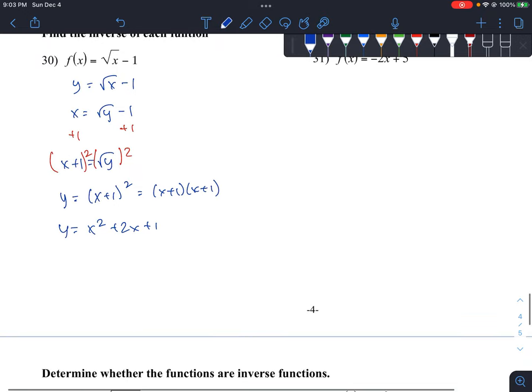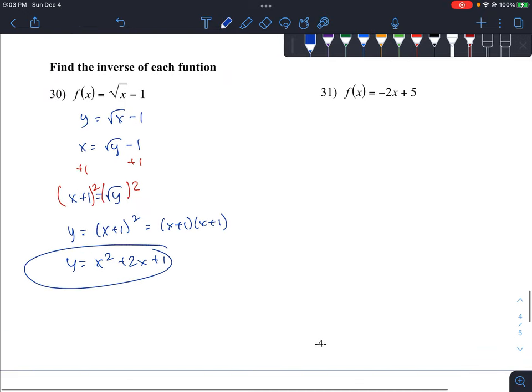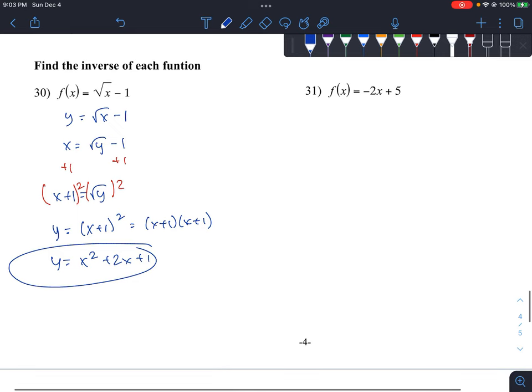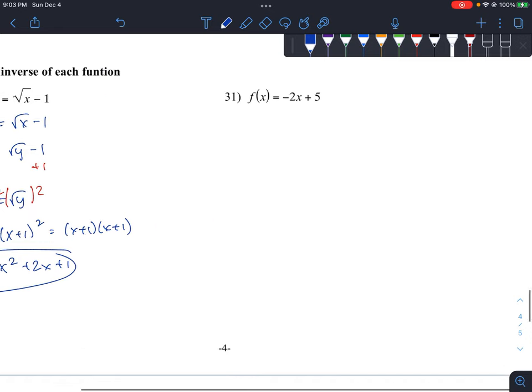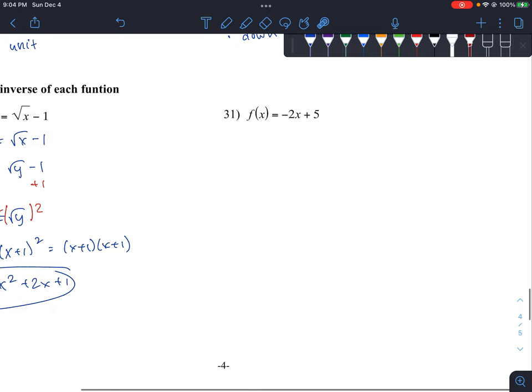Okay, so there is your inverse function right there. Alright, so then for 31, we have negative 2x plus 5, so let's make this y is equal to negative 2x plus 5, and then we'll swap x and y, so x is equal to negative 2y plus 5, and let's solve for y.